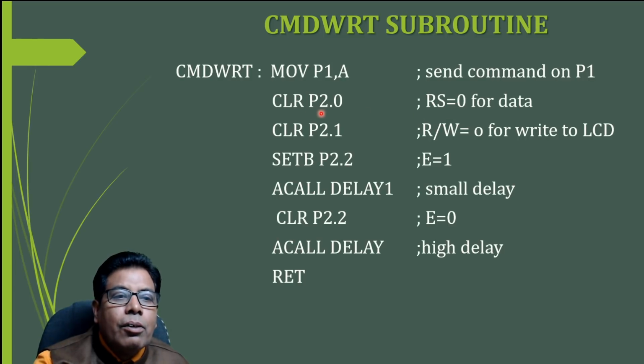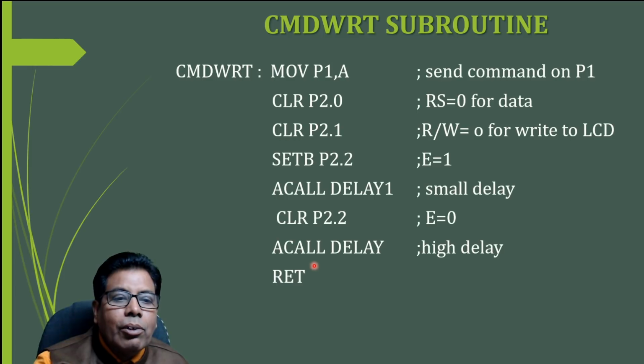So we'll clear P2.0 and clear P2.1, that is for the write operation, and enable we will make high, set P2.2. So E will be high here. Then we call a small delay, that is 1 millisecond delay, and then we make the E low. So clear P2.2 will clear the enable pin.